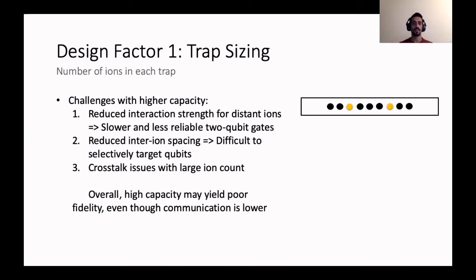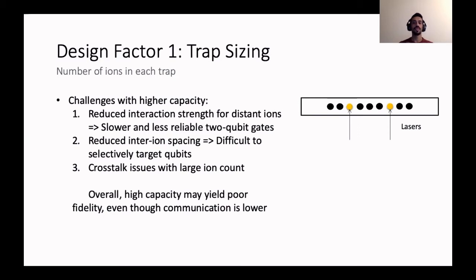But what are the drawbacks of having higher capacity? One of the main drawbacks is that as the ion chain grows in size, there is a lesser interaction strength between distant ions. So this can make our 2-qubit gates slower and also less reliable. Another difficulty is that the most common way of implementing 2-qubit gates uses lasers. So if I want to run gates on 2 ions, we pulse these 2 ions using laser controllers.